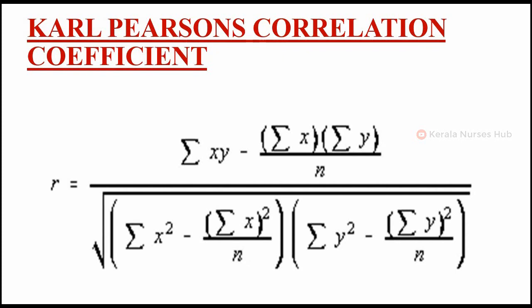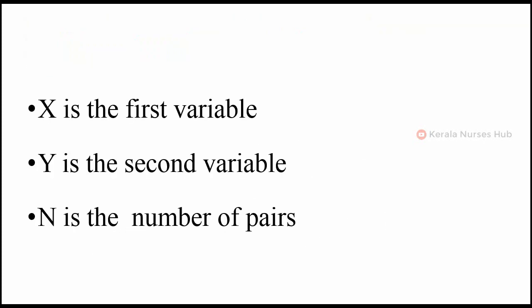This equation looks very big, but it is very easy. I will explain each component. Here x is the first variable, y is the second variable, and n is the number of pairs. We'll discuss how to do the mathematical calculations of this equation in the upcoming classes.